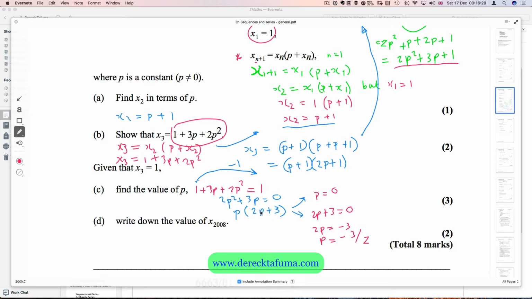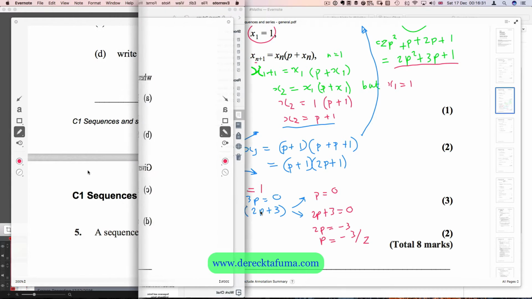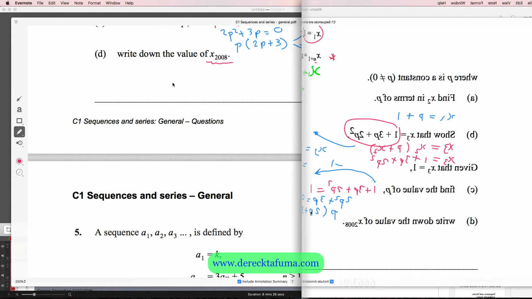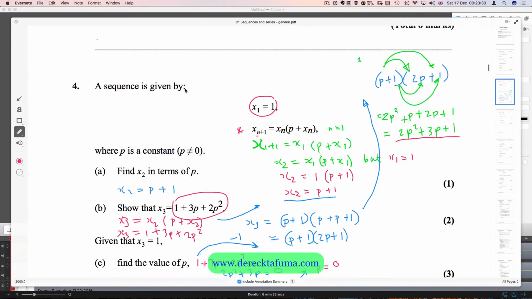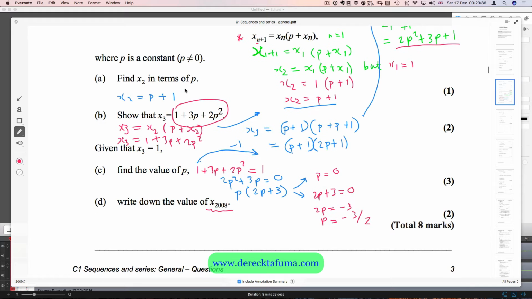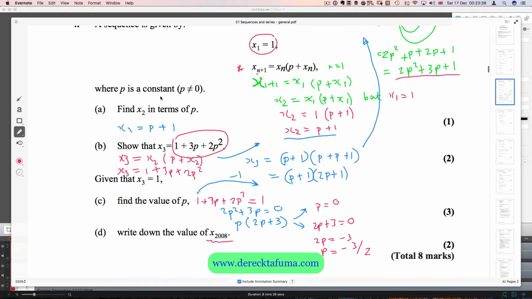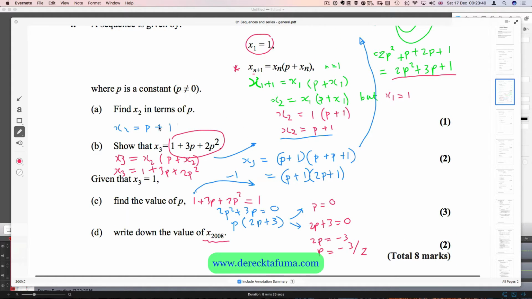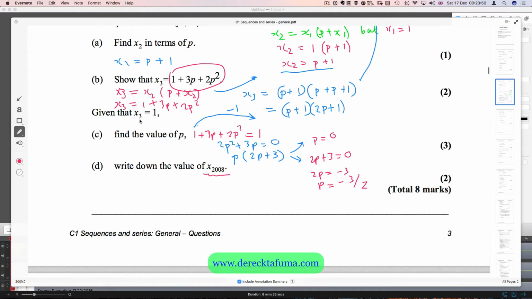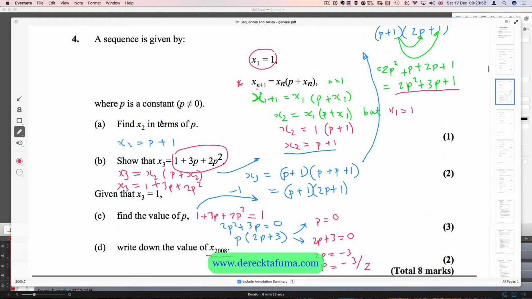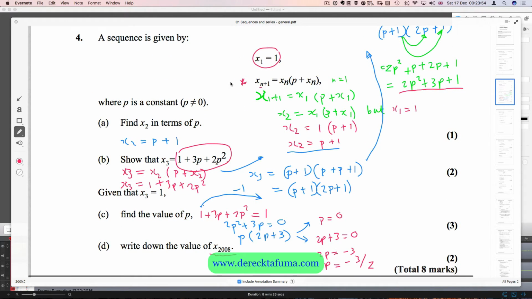Now write down the value of x sub 2008. We already worked this out. We know that x2 in terms of p is p plus 1. We've shown that x3 is 1 plus 3p plus 2p squared. We've got a value for x3 which is 1 and x1 is 1.